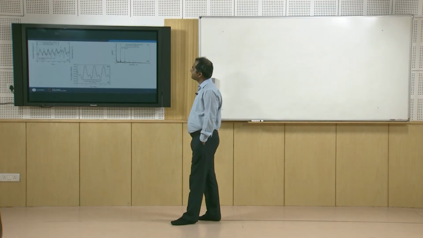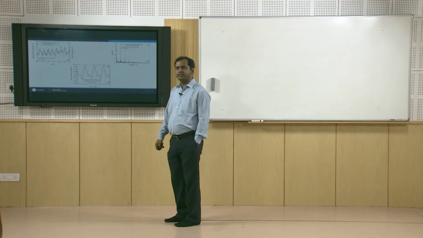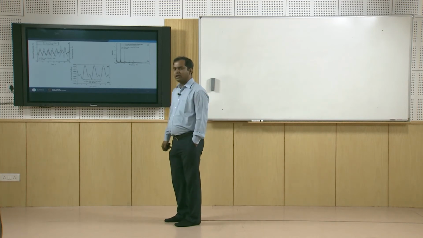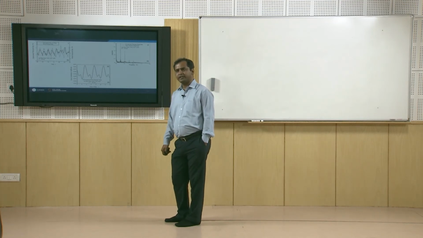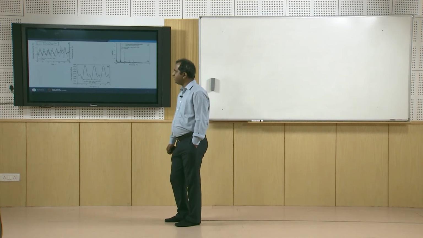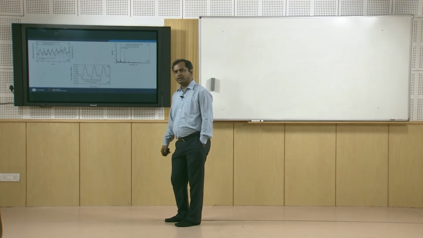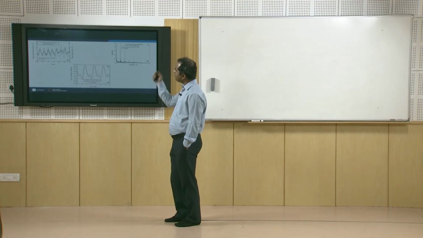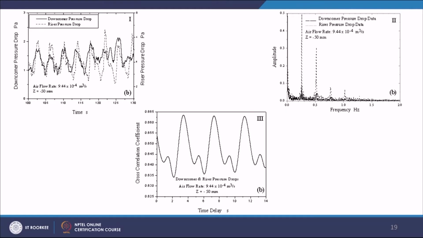Next, let us see how, using these signals, we can go for PSDF, power spectral density function, and evaluate the pattern of the two phase. So, here you see we have given the raw signal with respect to time. This is actually the downcomer pressure drop signal from your pressure transducers.